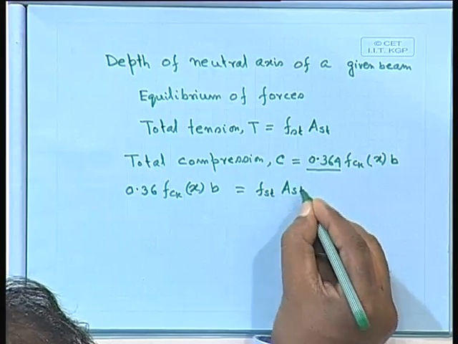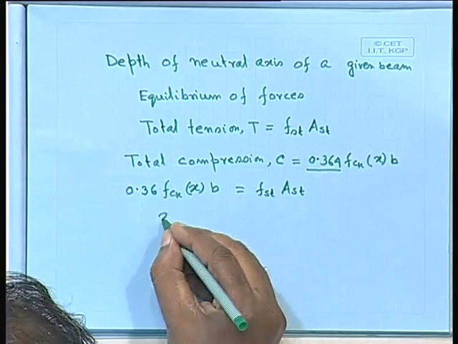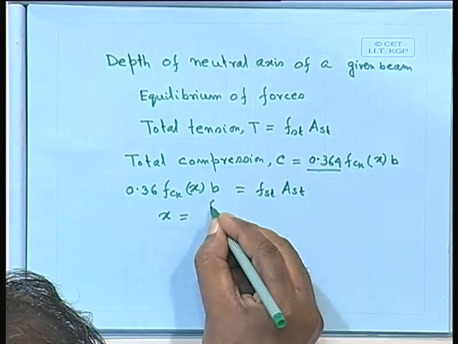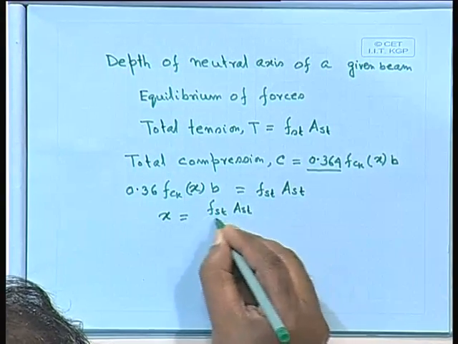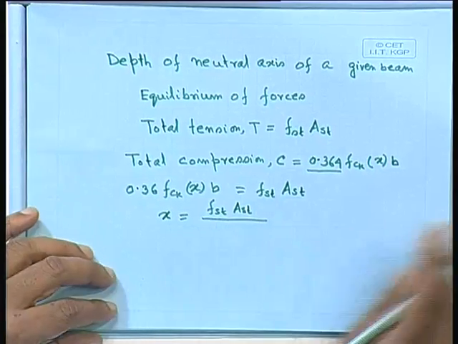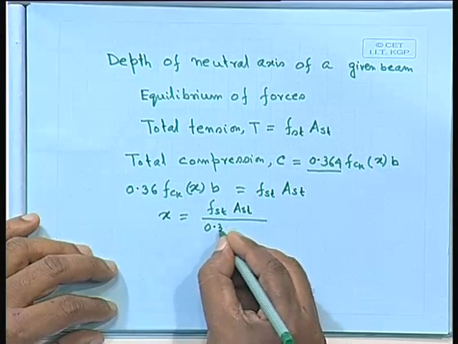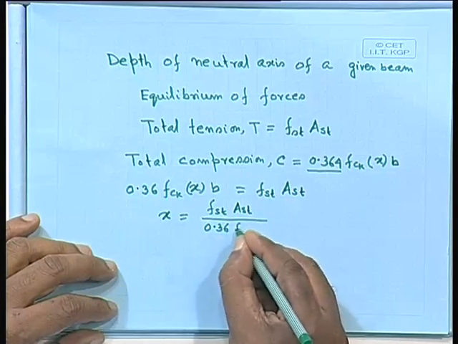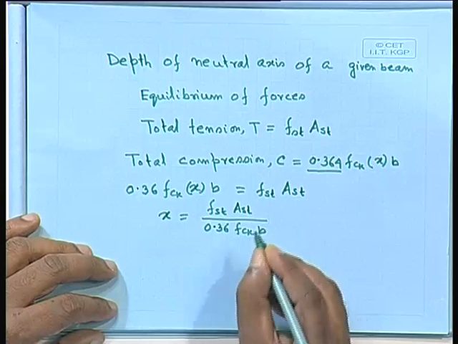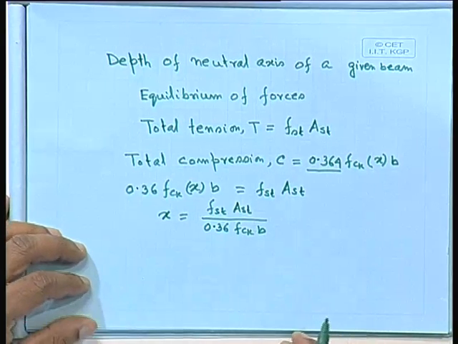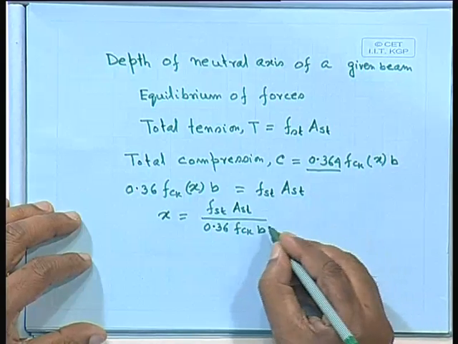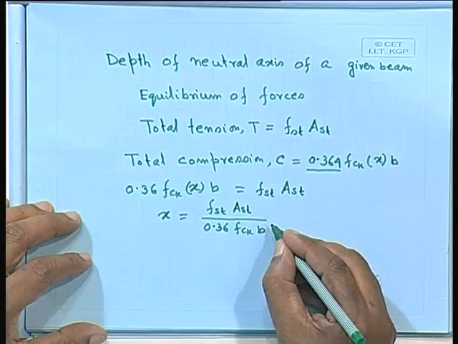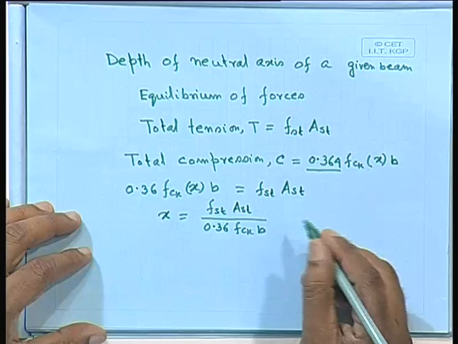FST AST equal to 0.36 FCK B x, so x equal to FST AST divided by 0.36 FCK B. We can also write down other way also.